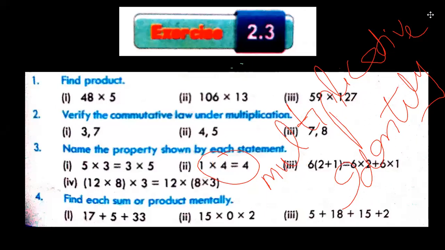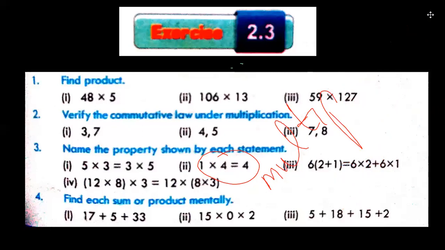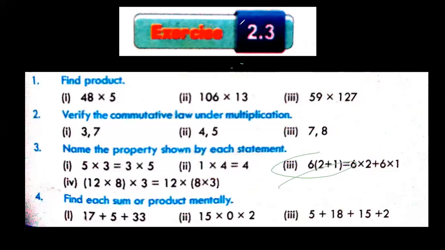If there are other elements, for example, if 5 is multiplied, that doesn't mean multiplicative identity. Only multiplicative identity is used for 1. Okay. First, just read this one. Which property is used?